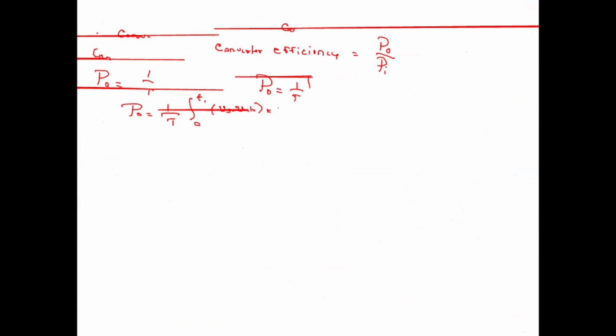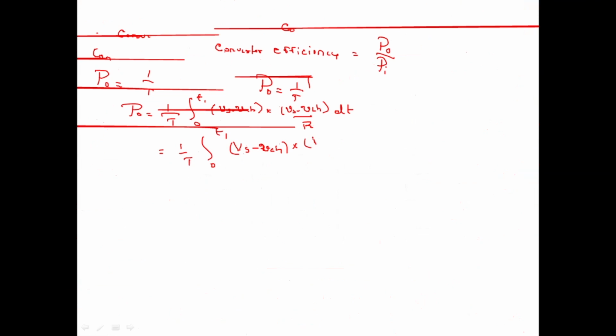So Vs minus V chopper divided by R into dt. So this is 1 by T, 0 to T1. The source voltage value is Vs, V chopper is 2 volts. You can always write it as V chopper only, and we'll substitute later.